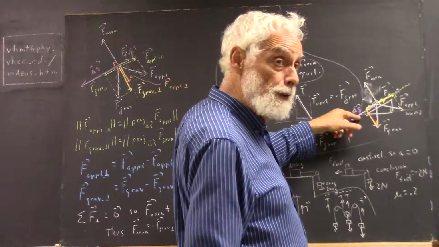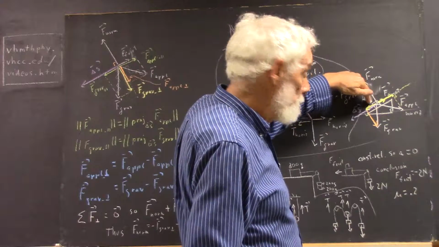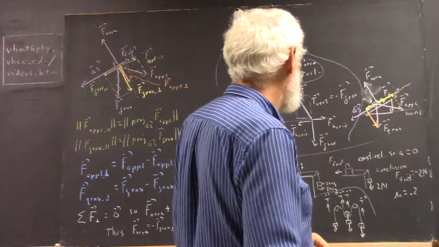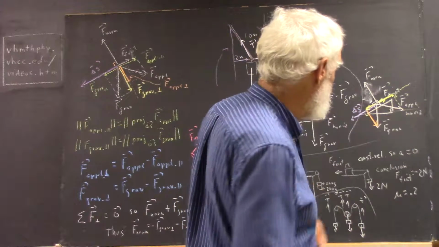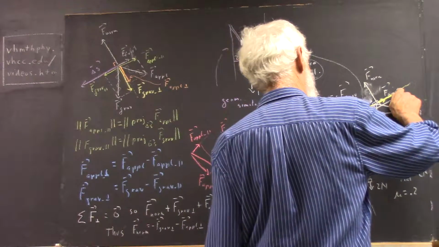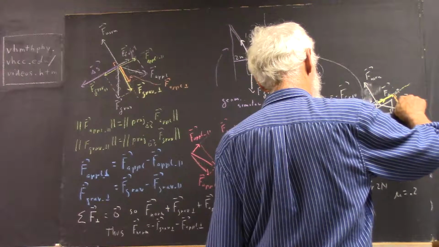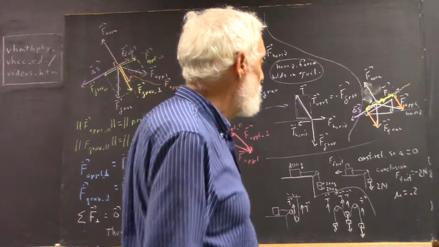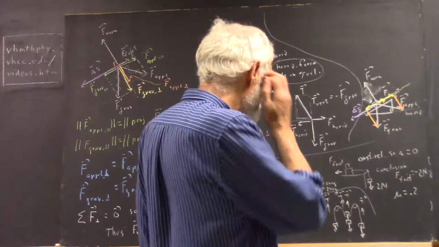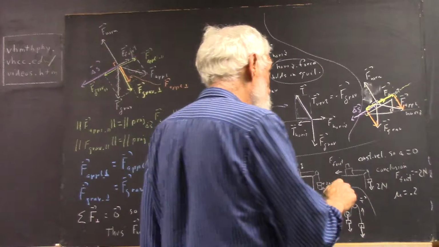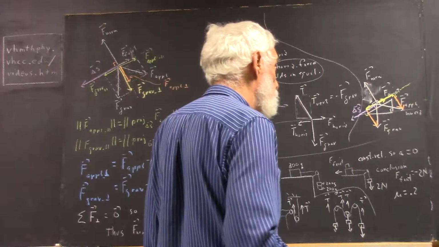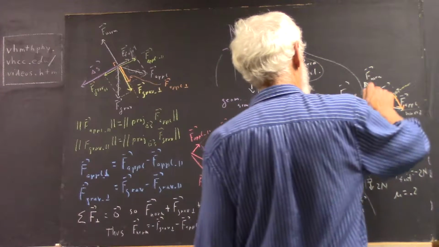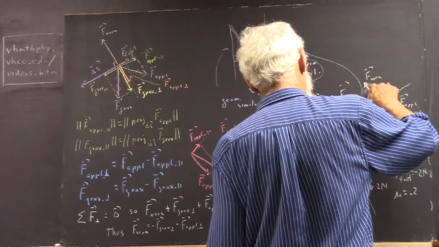This is perpendicular to delta S, and if we add it to the component parallel to delta S, we get F grav. Now with F applied, well, the component perpendicular to delta S is here. So, it's going to get a little messy, so I might not label any of these. Also, the component of F norm, the normal vector, perpendicular to the delta S is just this.